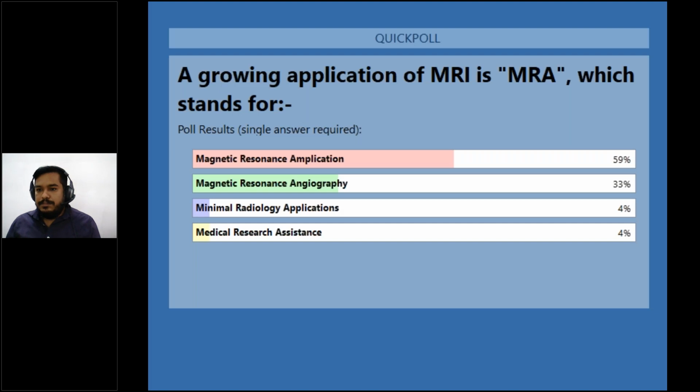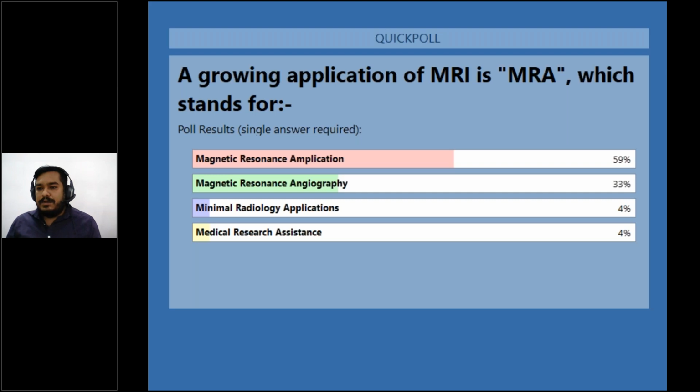With 48% votes, the result is 59% people say magnetic resonance amplification, 33% go for magnetic resonance angiography, 4% for minimal radiology applications, and 4% medical research assistance. Professor Somen, your take, please.